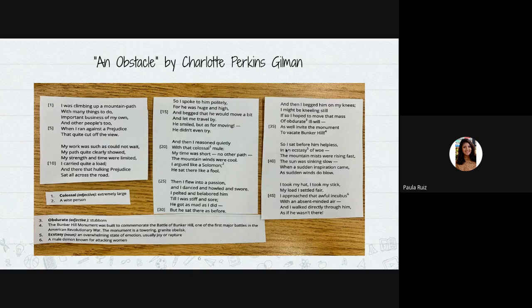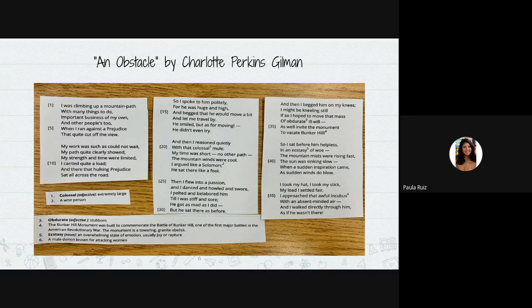And then she sits before him helpless in an ecstasy of woe. And then lastly, you could pull "with an absent-minded air." Well, that's what he was doing. Okay. So lastly, you can pull, "and I walked directly through him as if he wasn't even there."